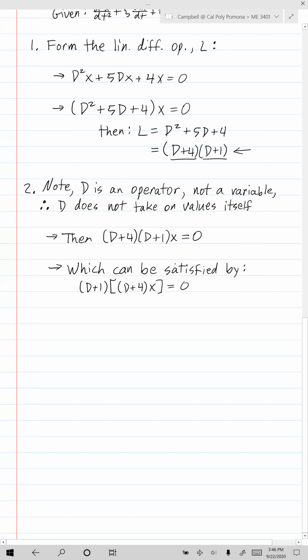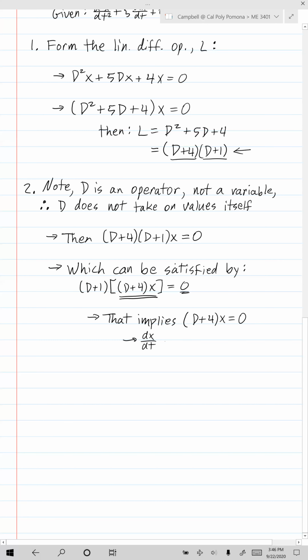Well, we can see that if this whole thing is 0, one way that we could have that is if everything in the square brackets is always identically 0. So we can say that this implies that D plus 4 operating on x is equal to 0.